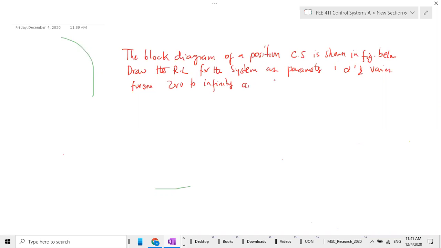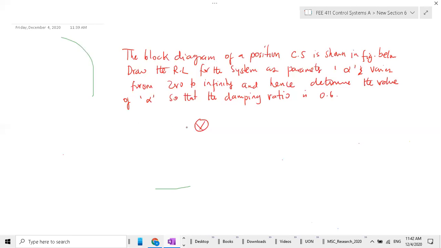And hence, determine the value of alpha so that the damping ratio is 0.6. So the diagram is like this.